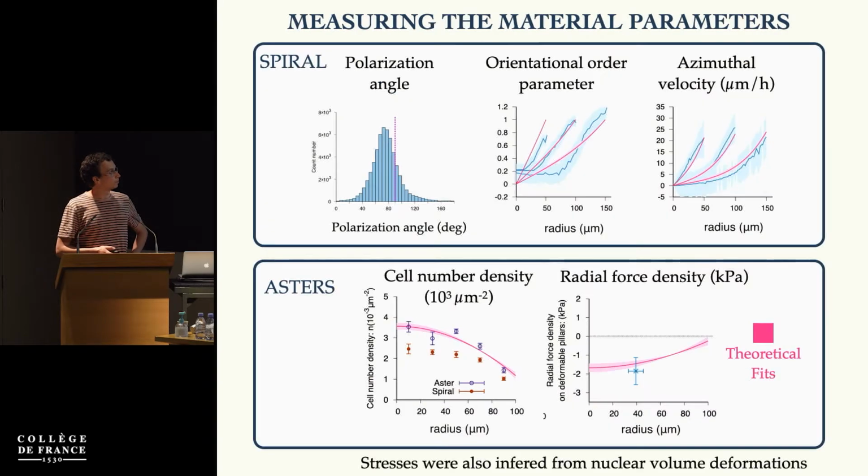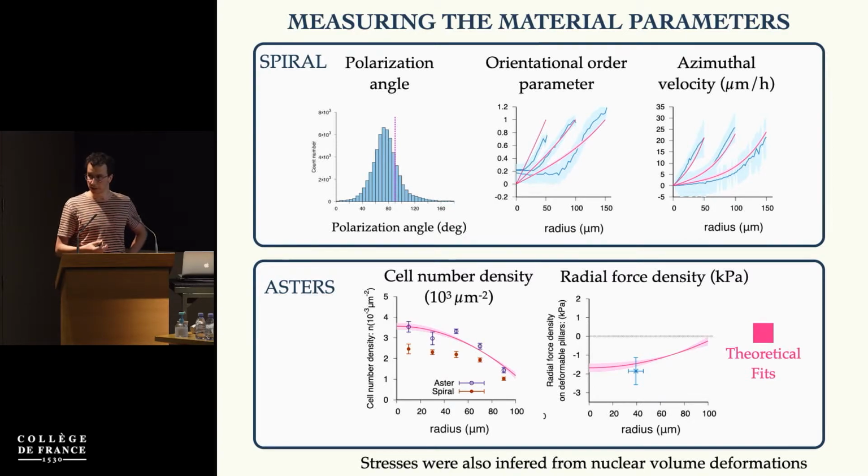I will not go much into the details of the analysis, but I want to highlight the philosophy of our approach. Here, as I said, we have spirals and we have an aster, so we measure different mechanical quantities in these two configurations. In particular, we measure the orientation of the cells in the spiral configuration.